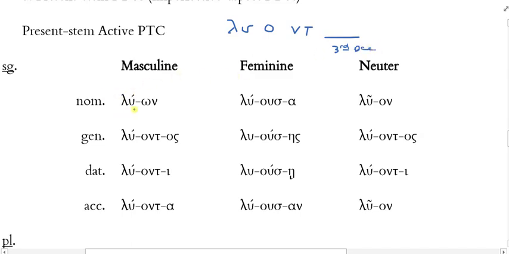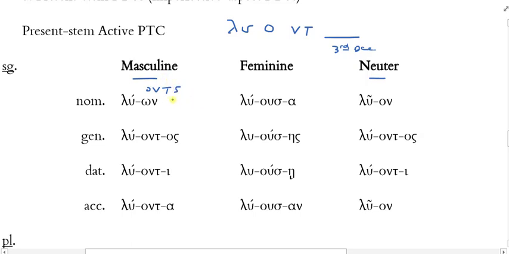Okay. So this is going to be true for the masculine and for the neuter. So what do I have here? What I should have had was this: lu, omicron, nu tau for the nominative, and I should have had what case ending for the masculine nominative singular? Remember your third declension case endings? Should have been sigma.